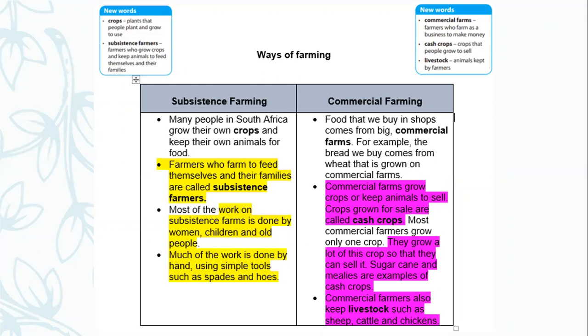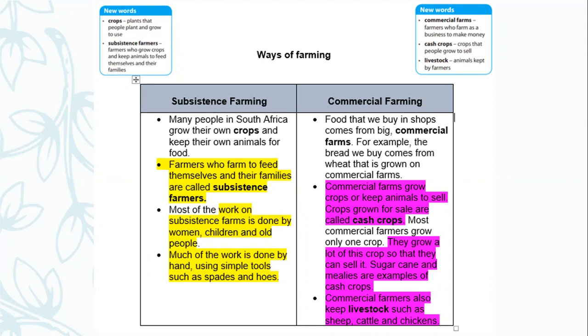Most of the work on the subsistence farm is done by women, children, and old people. And much of the work is done by hand using simple tools such as spades and hoes. Now, boys and girls, a subsistence farm is basically a farm to sustain us. So the farmer, which would normally be the family man or the woman, would decide that they need another way in order for them to be able to eat.